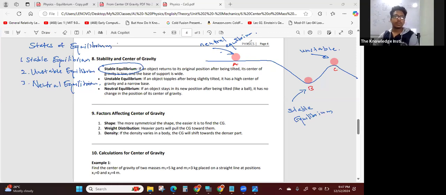After writing this, here you can write what stable equilibrium means: if an object returns to its original position after being tilted or given a small displacement.